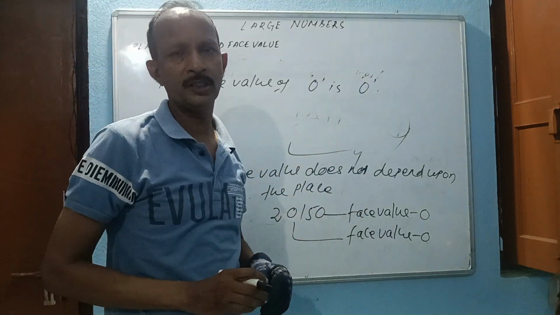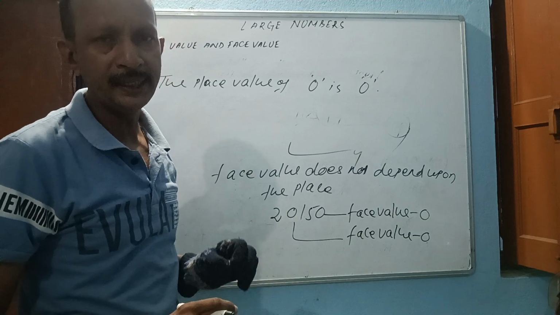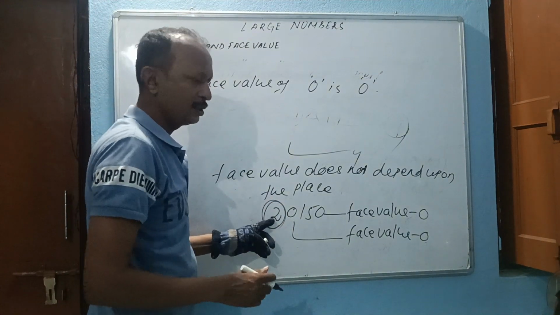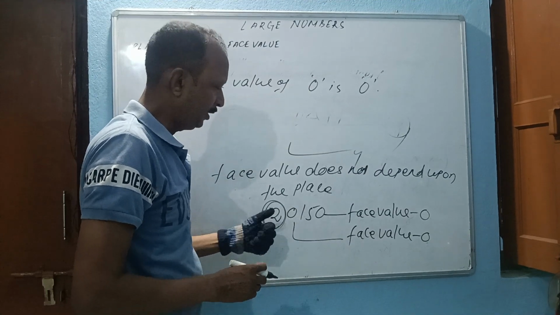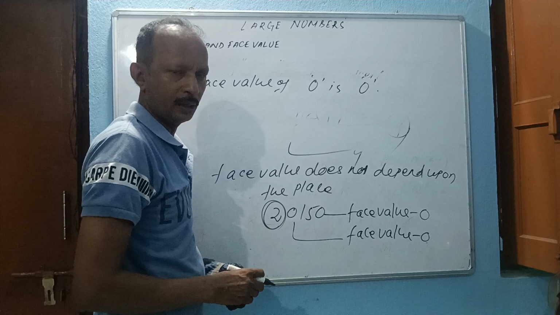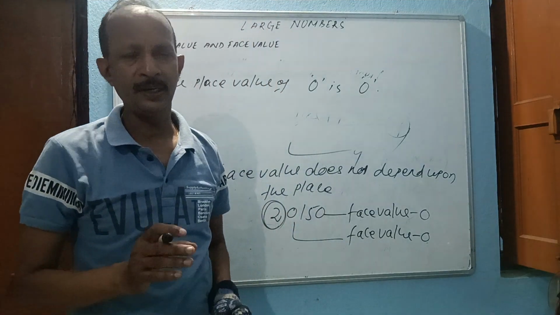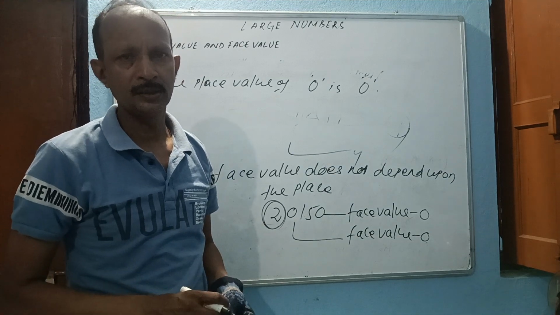And so far as the face value is concerned, I said that face value is the digit itself. Suppose 2, its face value is 2. Okay, but its place value will be different. It will be 20,000.